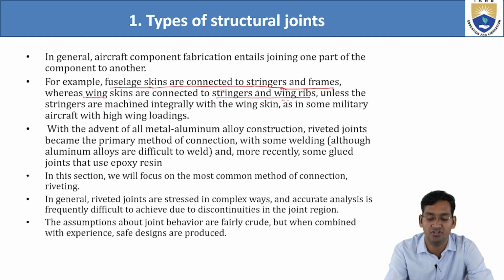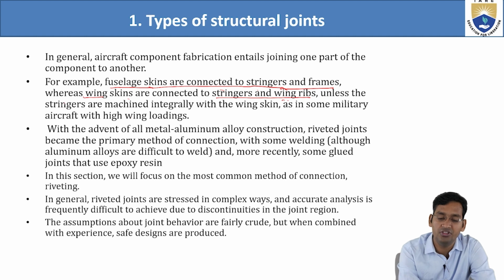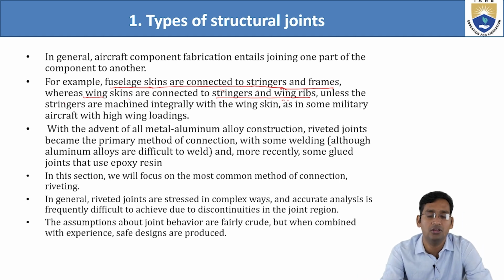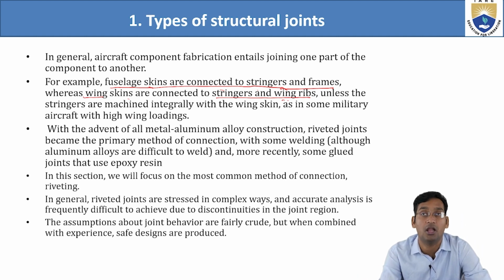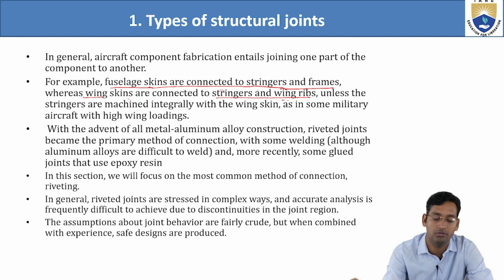If it is not machined integrally with the skin, then we have to connect it separately. And if we connect separately, definitely some joint will be there. That joint we have to see.